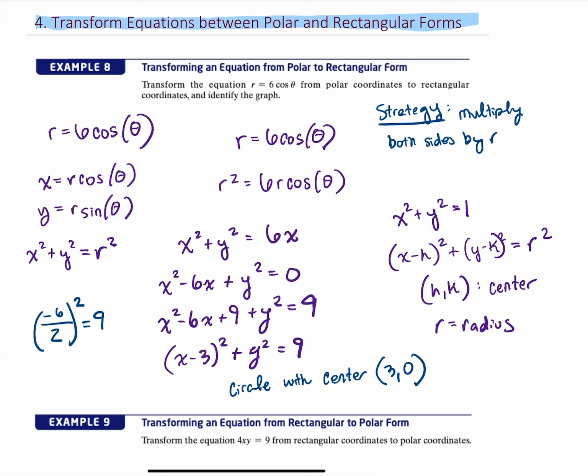So center +3, 0, and then the radius is not 9, but 3, since this is r squared. So the square root of 9 will give us the 3. So this will be our rectangular form: a circle with center 3, 0, and radius of 3.